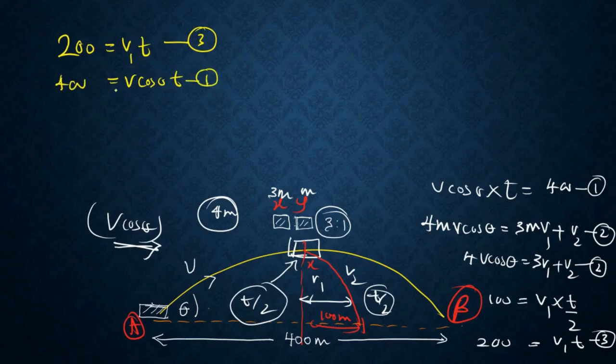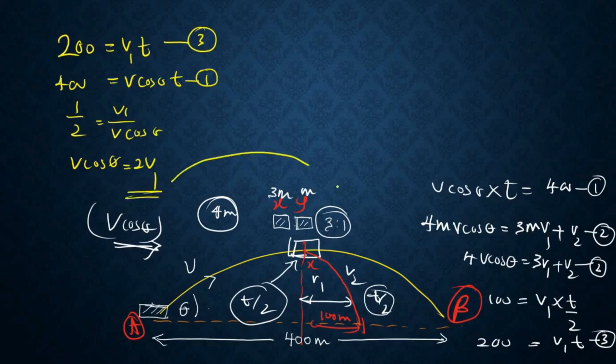So I can divide these two, and I'm getting 1 over 2 equals v1 over v cos theta. I can conclude v cos theta equals 2v1. Now I can replace this in the second equation.